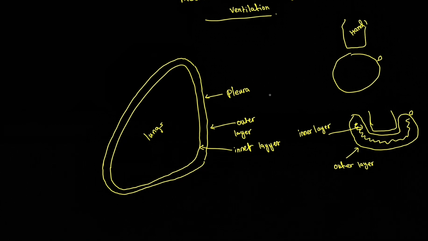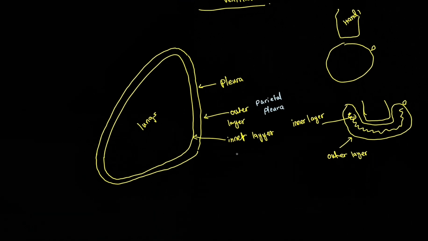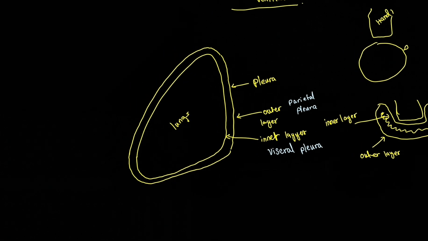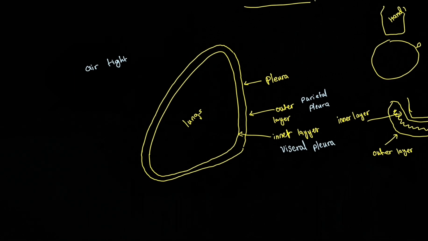The outer layer we call the parietal pleura, and the inner layer we call the visceral pleura. And this pleura is an airtight chamber, an airtight fluid-filled bag.